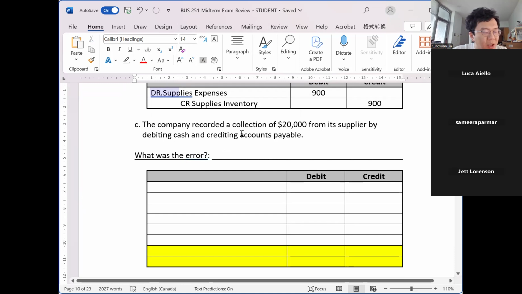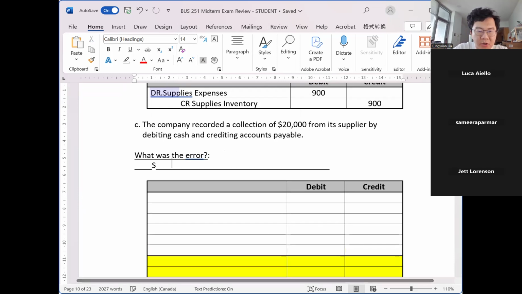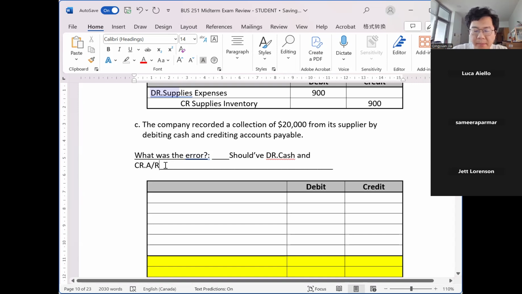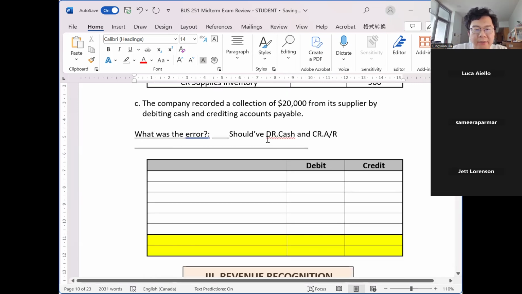You should debit cash and credit accounts receivable. So we should have debit cash and credit accounts receivable.